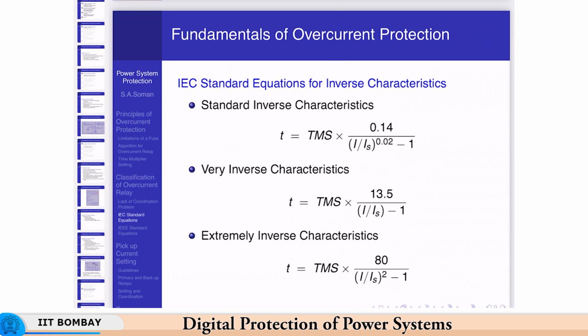Because the time taken is extremely high, as you can make out from any of these equations, and that is why the operation is not guaranteed. That is why the characteristic itself will start at 1.6 or so, close to that value.